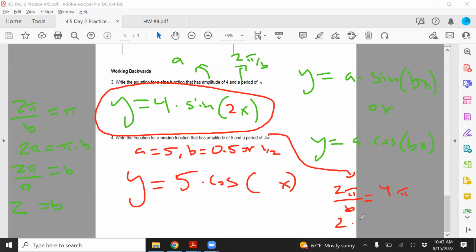Okay, so 2 pi equals 4 pi B. So B has to be 1/2. Or you could write it like this, x over 2. Same thing. Or you could do 0.5, I don't care. It's up to you.